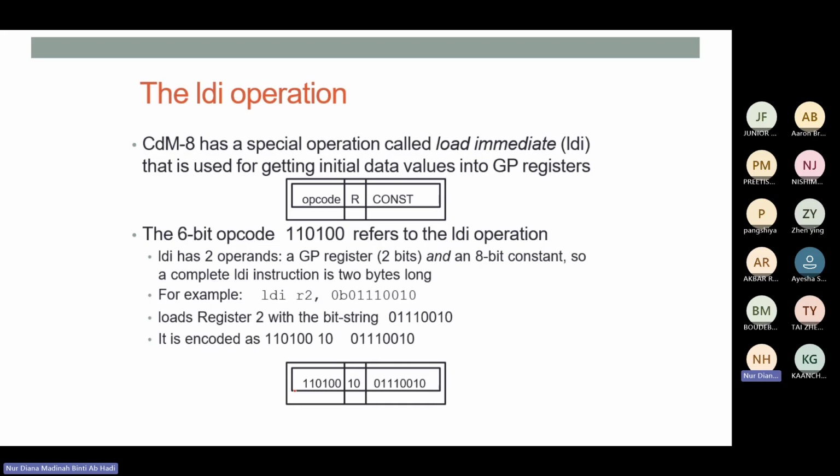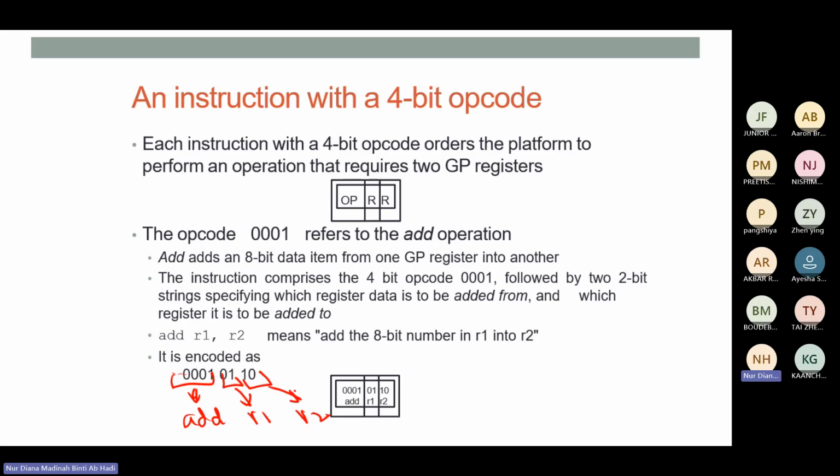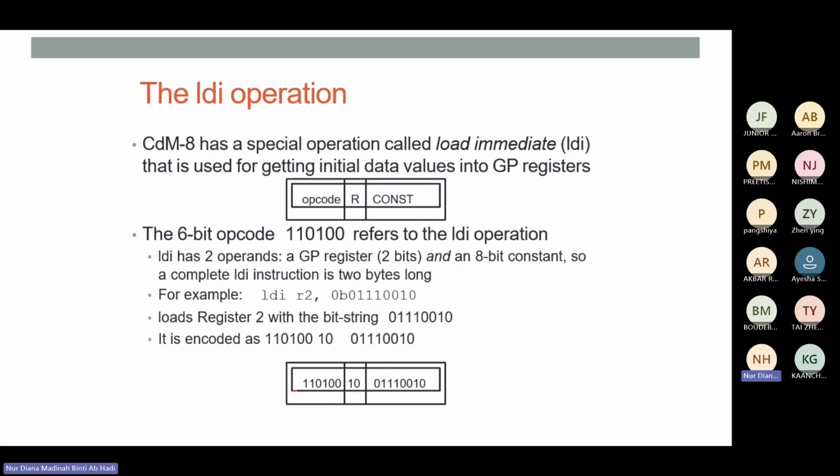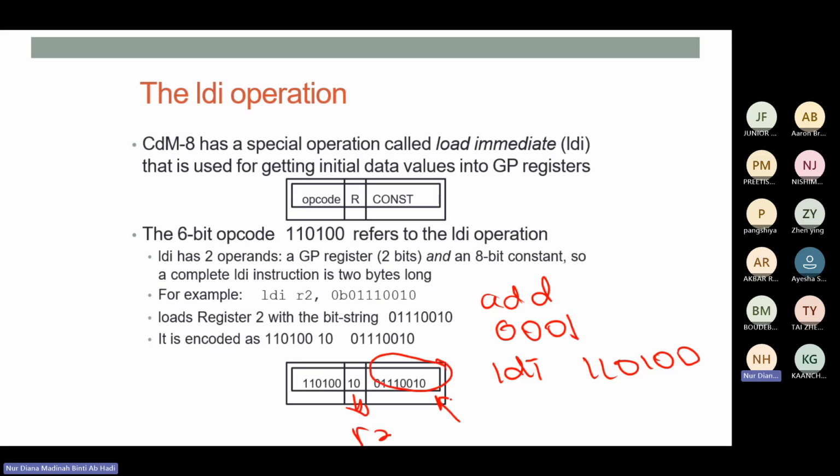Each code has different things. 0001 means add, 110100 means LDI, load immediate. So if they say add, you use what type of code? 0001. If they say LDI, you need to use 110100 as the code. This one would be your R2, and this one would be your value.